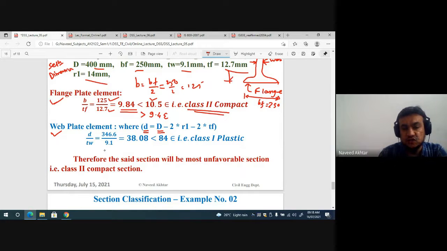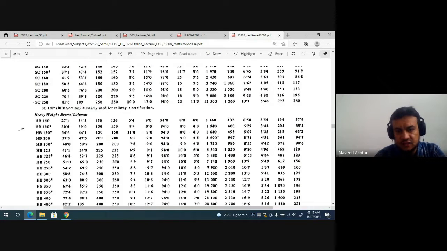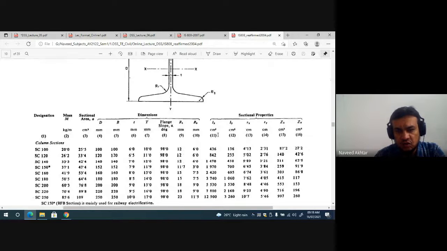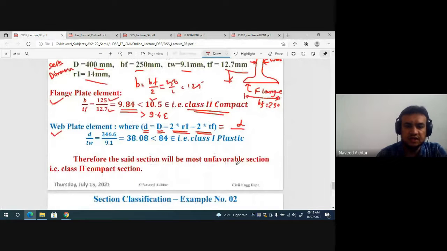Capital D minus 2 into R1 minus 2 into TF, when you do that, you will get the value of small d. Anyway, okay, small d is 346.6. In some steel tables it is given, you can find it and directly use it.